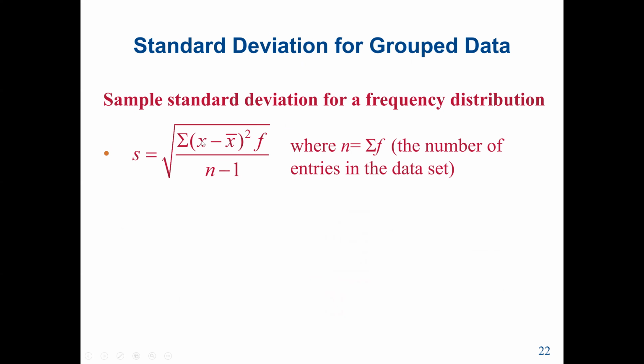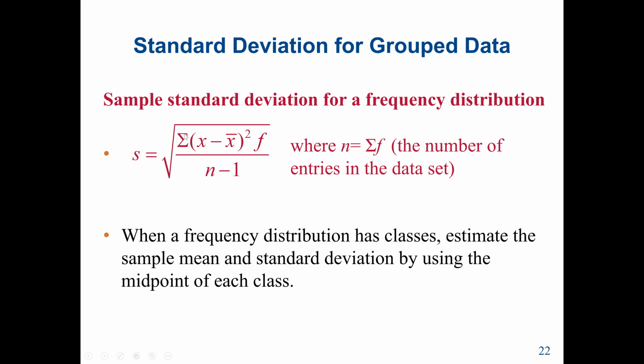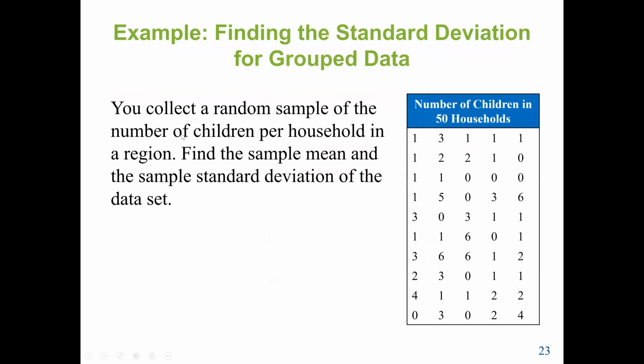And the sample standard deviation for a frequency distribution: here we have more than one data value in the same category, so n is the sum of f. So, find the standard deviation for grouped data. You can see here, each data value repeats more than once.